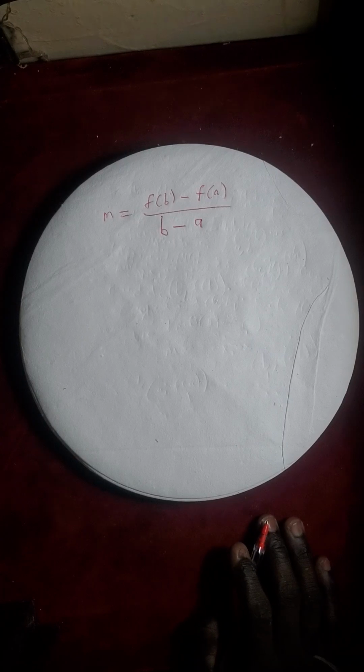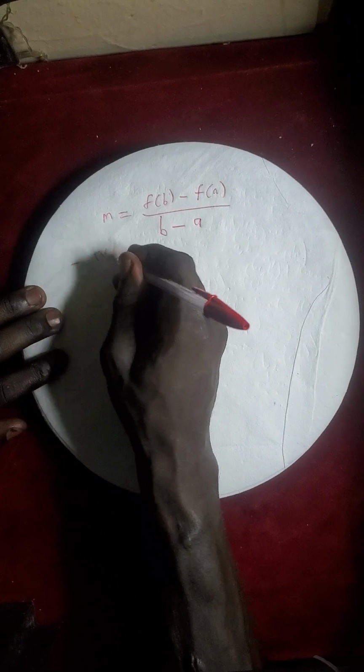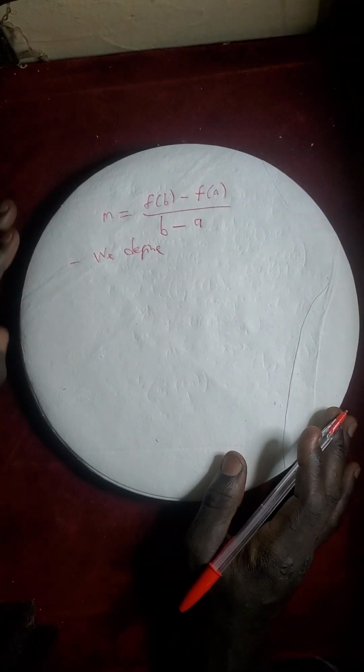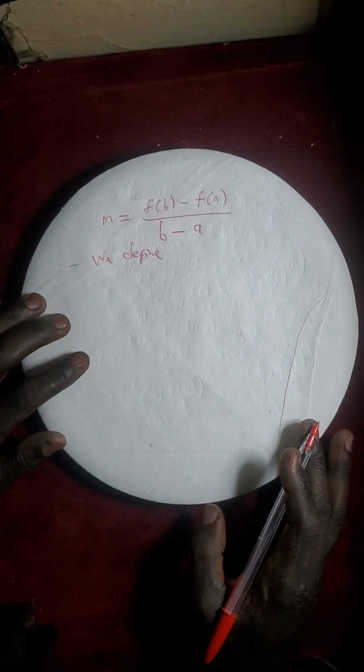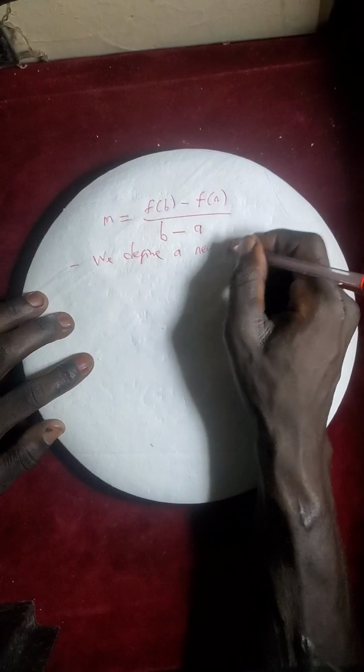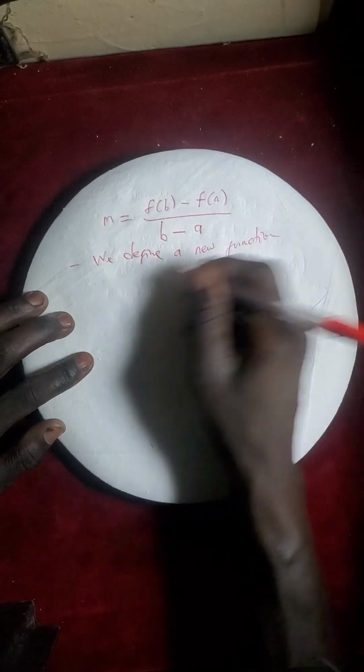What's the next thing now? We need a new function, which should be a difference between a certain line, which we call the second line, and the f of x. Whatever you are seeing written here should be written when you are in the exam. We define a new function g of x.